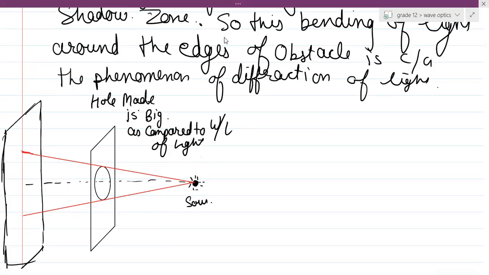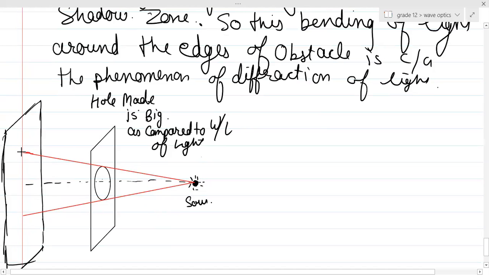And guys, can you see over here, on the wall there will be a light spot forming, right?